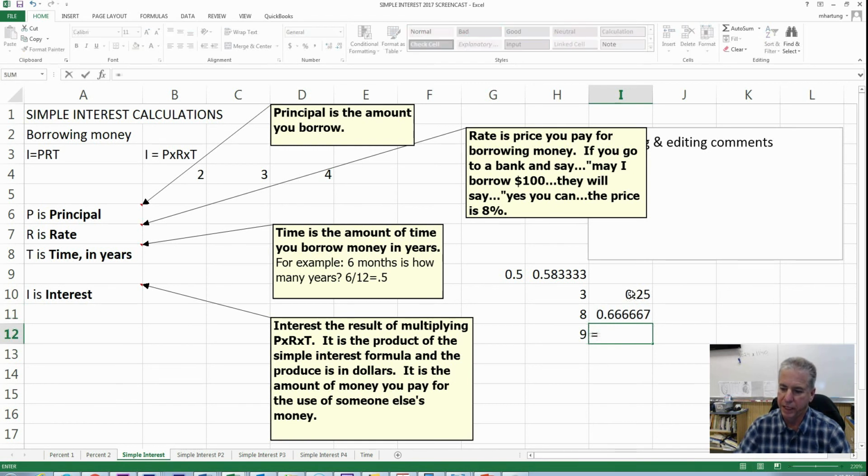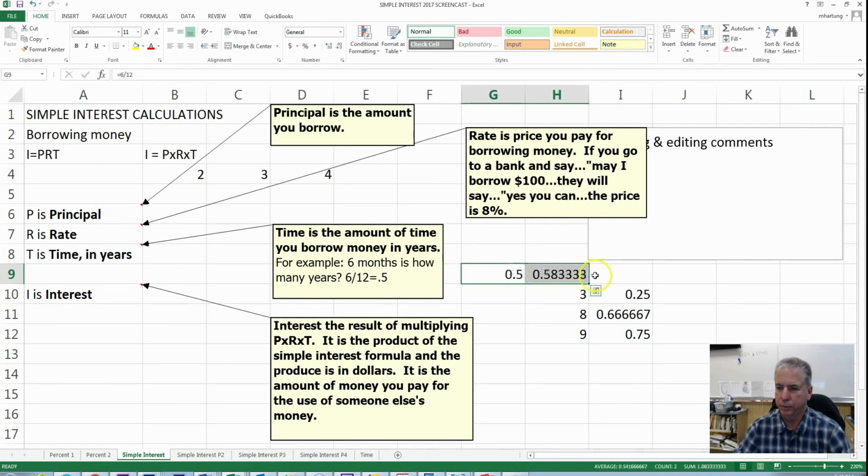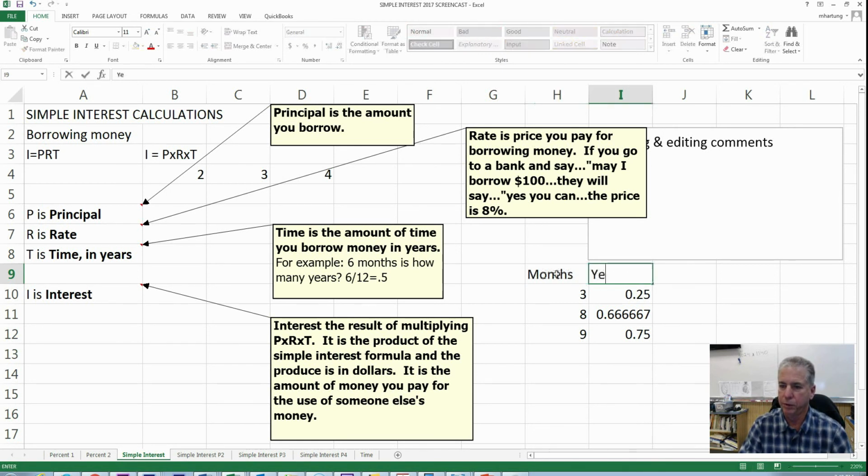And one more. 9 months divided by 12 months. And that'll tell us how many years.